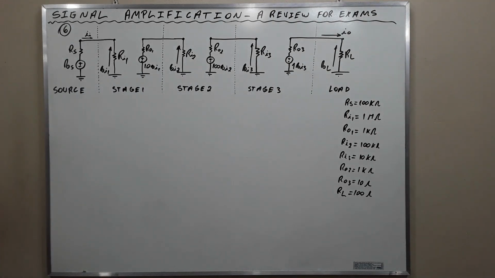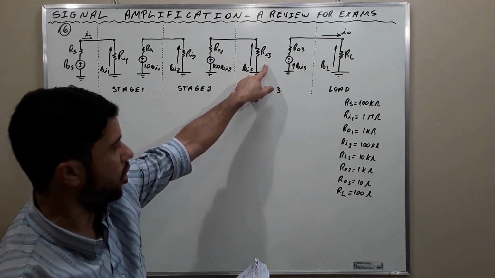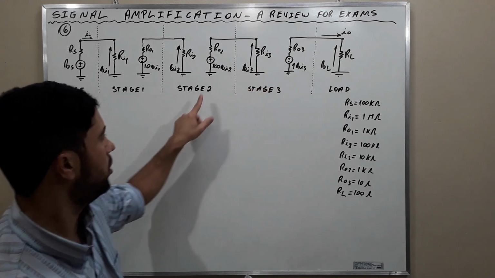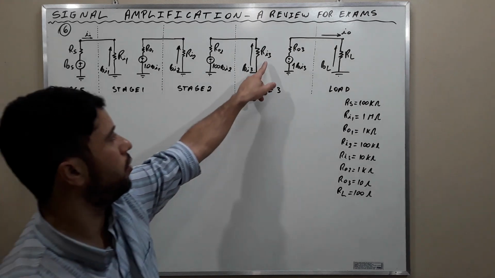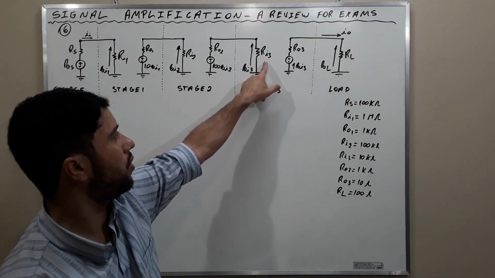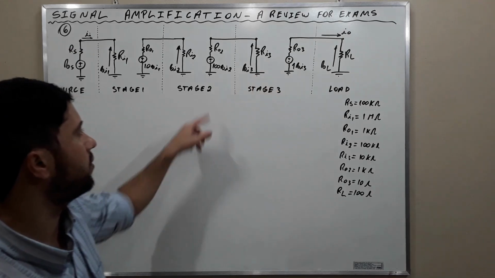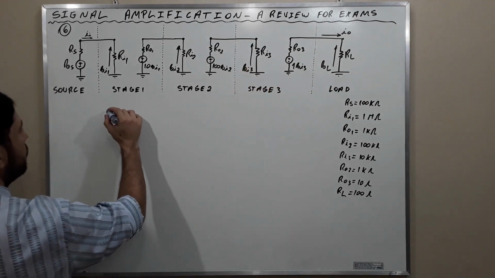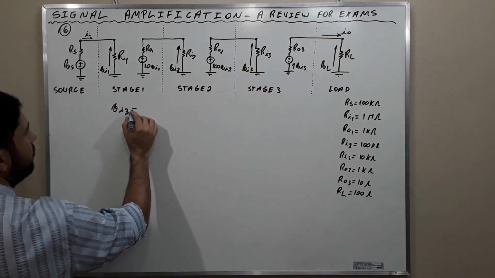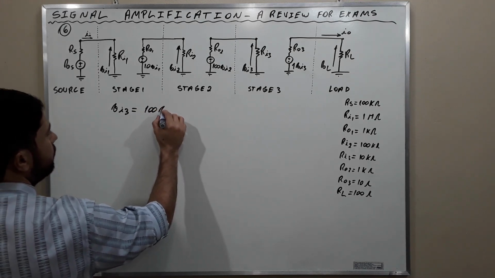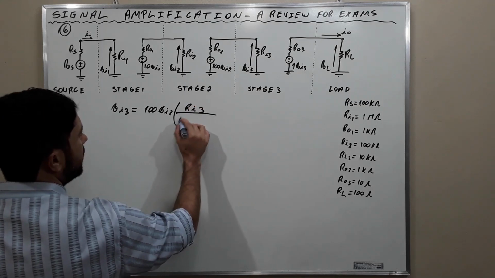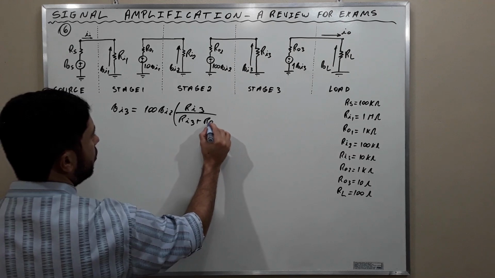Similarly, the voltage gain of the second stage is obtained by considering the input resistance of the third stage as the load of the second stage. Okay, this is the input resistance of the third stage, and we are going to consider it as the load of the second stage. And we apply the voltage divider rule here to calculate VI3 as 100 VI2 times RI3 divided by RI3 plus RO2.